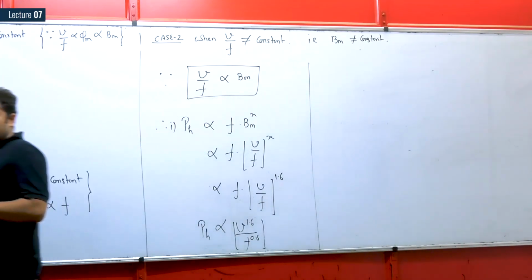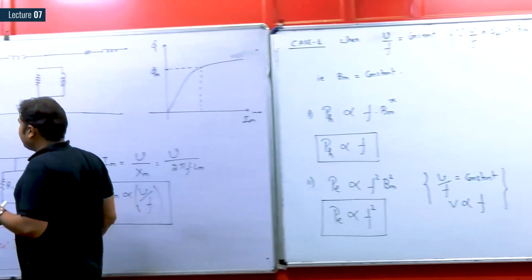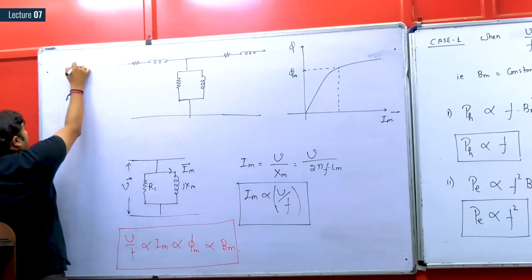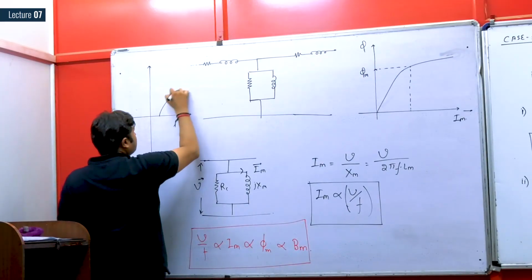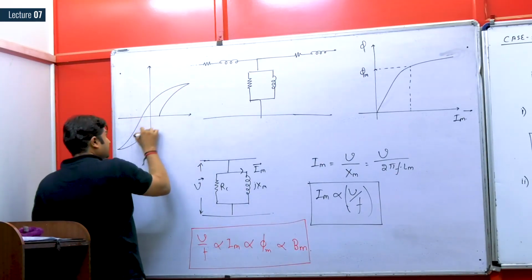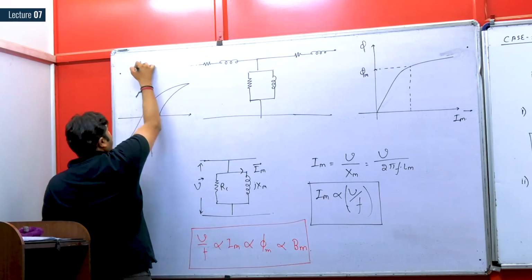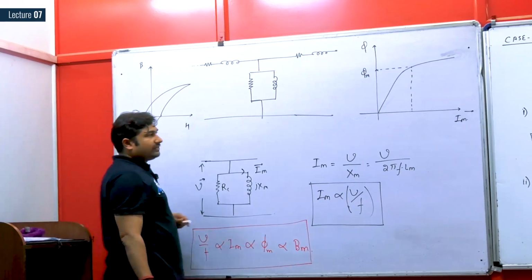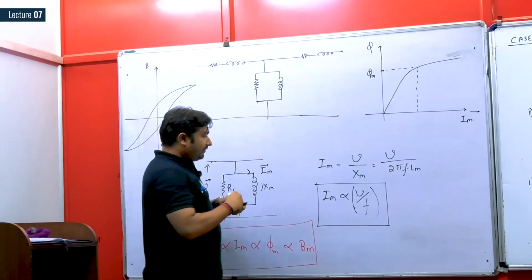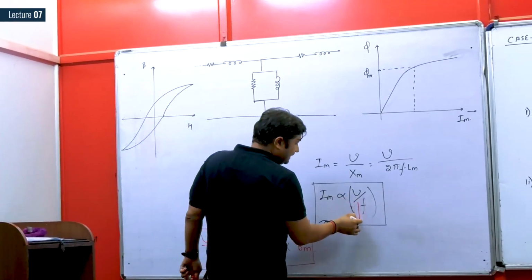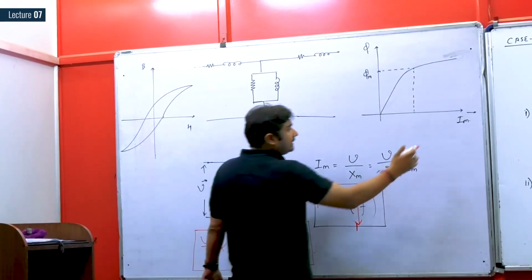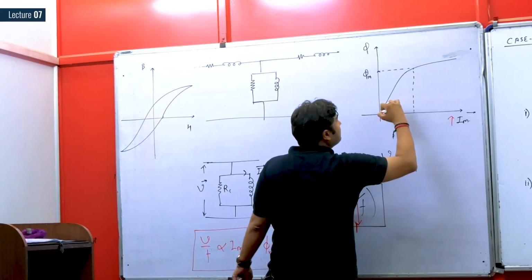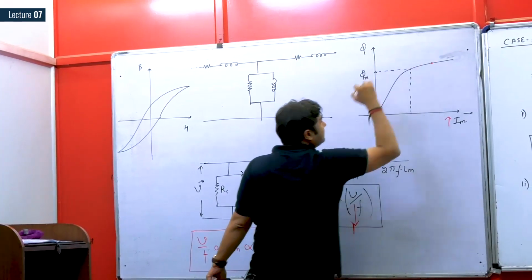Now please observe. For that, if you go with the BH curve, what happens? You can see the BH curve is this. The area under the BH curve is defined as hysteresis loss. If the frequency is decreased, it means magnetizing current increases. With the increase in magnetizing current, maximum operating flux increases.